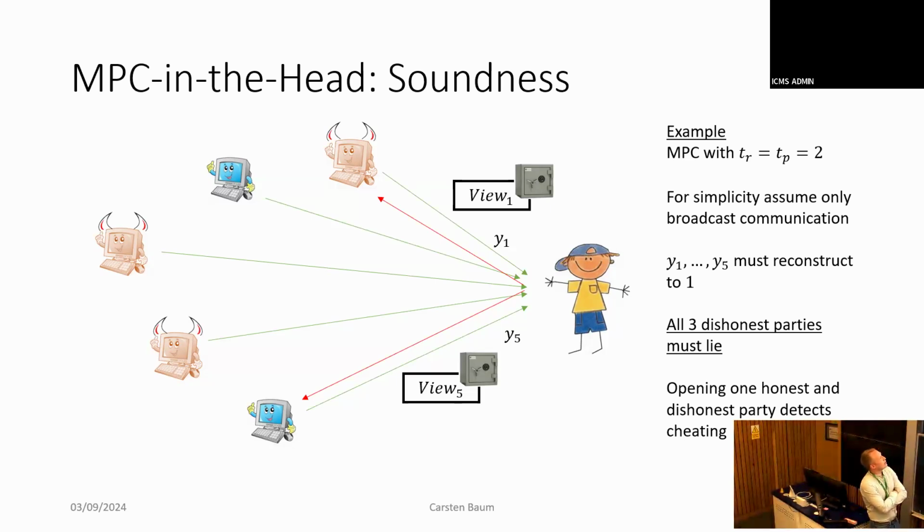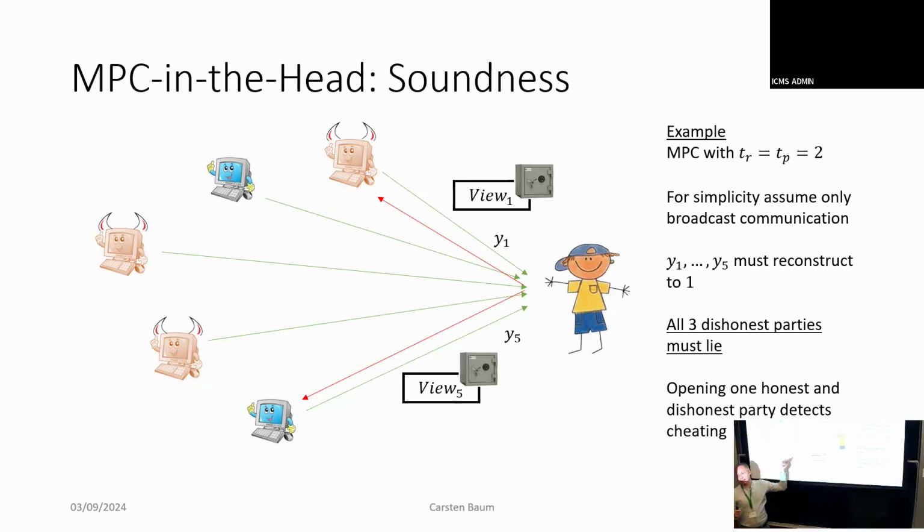If all the parties are dishonest, so either they send something weird to each other, I think then you still see that something went off. Either no correct message was sent to the verifier, or you cannot make the parties' views consistent with each other.